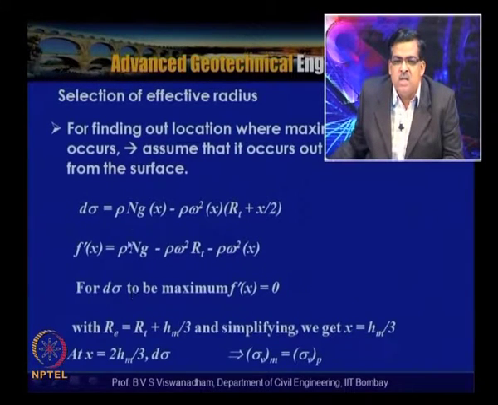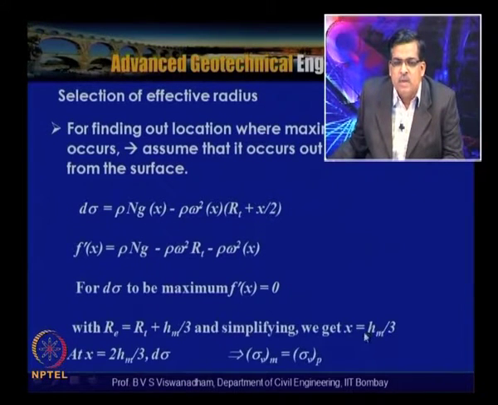For d sigma to be maximum, applying the rules of maxima and minima, f dash x has to be equal to 0. Then with Re equal to RT plus Hm by 3, and simplifying, we get x equal to Hm by 3.